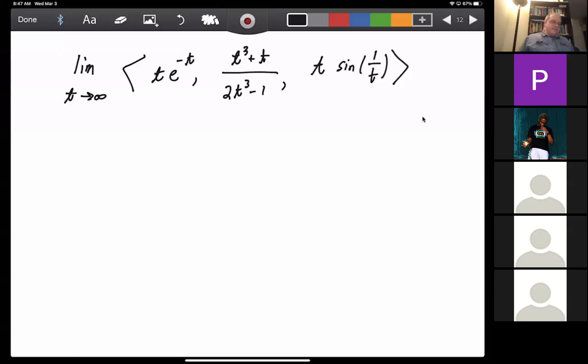All right, so we're faced with this problem. Limit of this particular vector function as t goes to infinity. What we're going to do is look at the components one by one. Limits of the component functions.